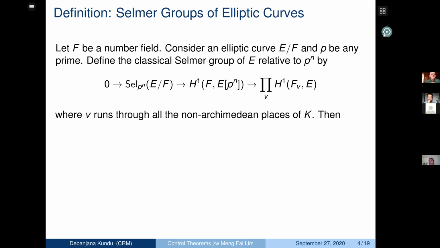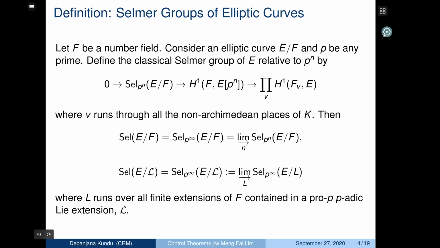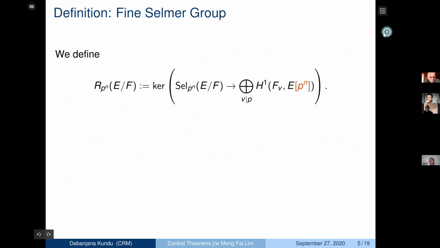So what are Selmer groups? There's a technical definition here, but to say it in words, this measures some sort of local-global failure. This is over a base field or number field F, but to see what's happening at the infinite layer, you can just take direct limits. The fine Selmer group, as I mentioned, is a subgroup of the Selmer group.